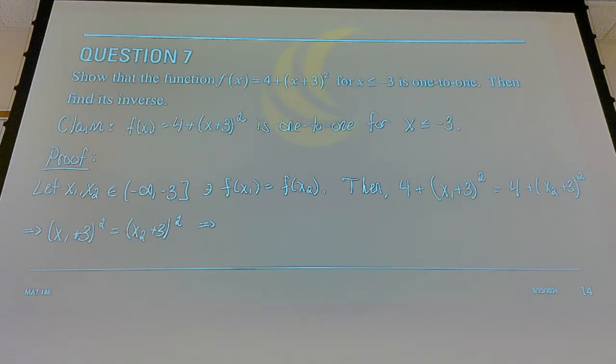Do they have to be the same? The actual values themselves. Right, so again, if one side is 25, the other side is 25, does that mean that they both have to be 5? One could be -5, right? So it's not the values that have to be the same, it's the magnitude of the values that have to be the same.